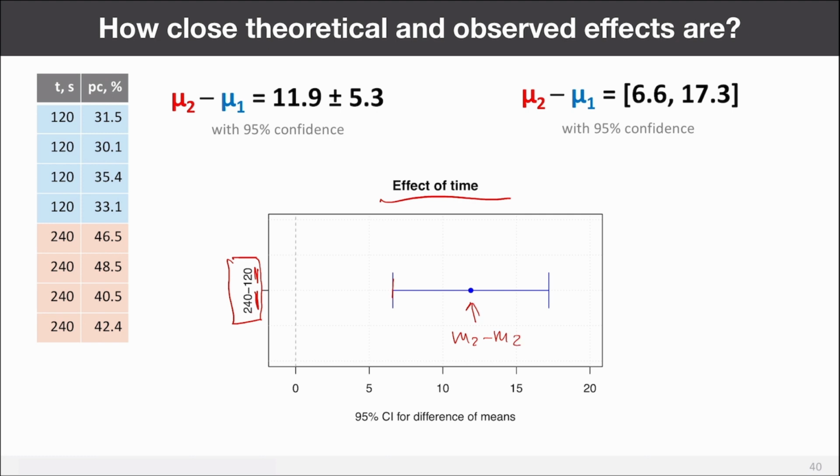And these are the confidence intervals, these boundaries, the upper and the lower boundaries. This is actually the percent of popped corn. Okay, so that's how it works. So now, based on the observed effect, we can estimate the confidence interval for the theoretical expected effect. And in the next video, we will discuss how to make a test.